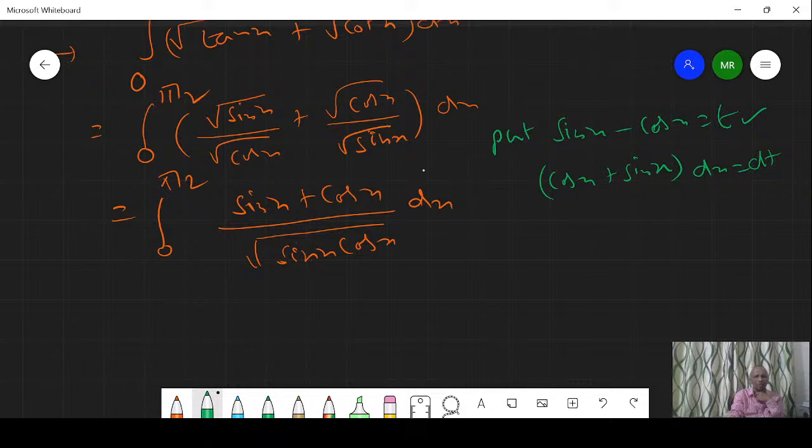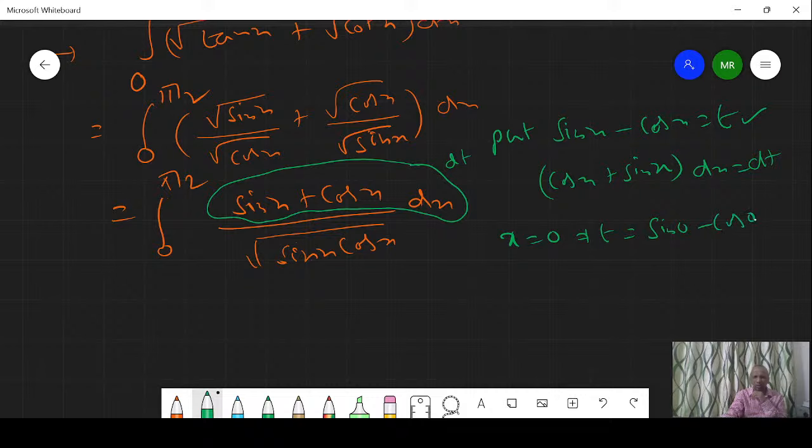Now the numerator along with dx becomes dt. When I transfer to dt, I should eliminate everything in terms of t, and the limits also should change. When x equals 0, t equals sin 0 minus cos 0.